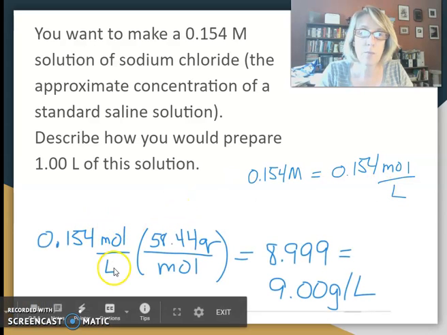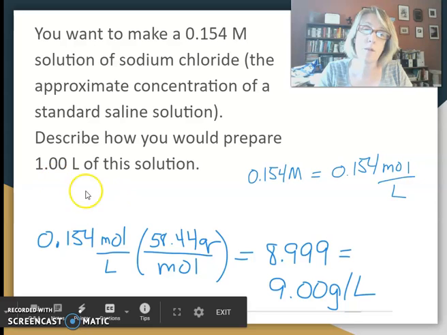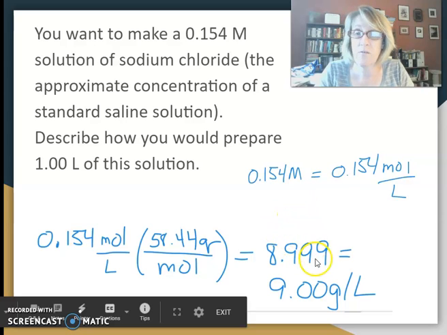Now we convert the moles per liter to grams. So again, we need our molar mass. The moles cross out. And we now know we need 9 grams per liter. And luckily, our problem just said 1 liter. So we're going to weigh out 9 grams. We're going to add water, we're going to swirl to dissolve it, and then we're going to bring it up to 1 liter. Okay?